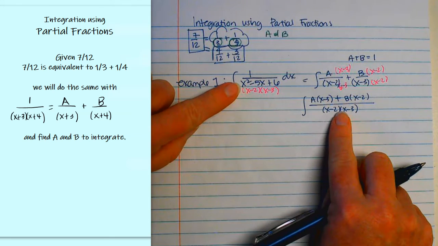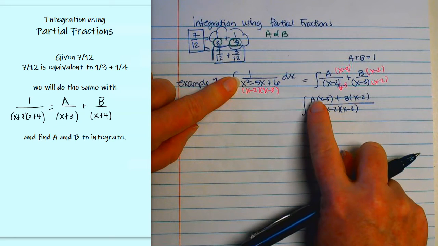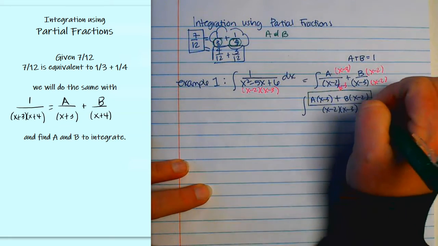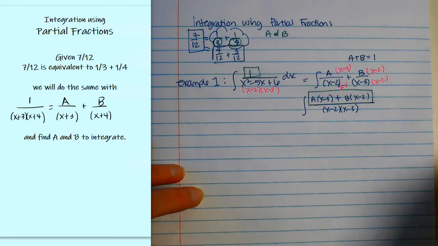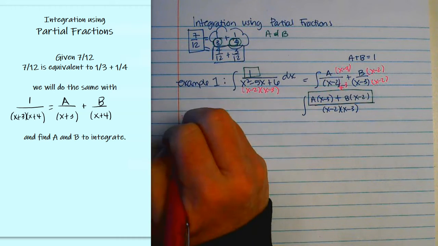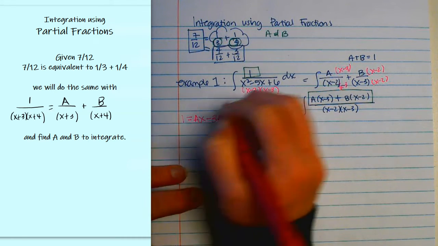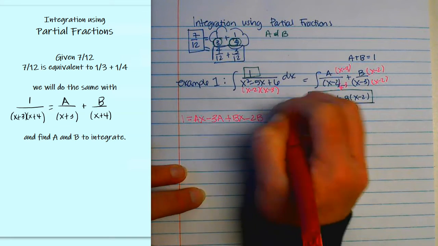So now I have the partial fractions happening, and I can make this numerator equal to this numerator: 1 equals Ax minus 3A plus Bx minus 2B.